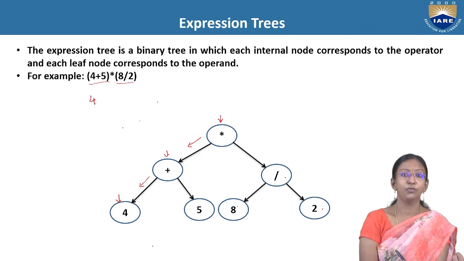Once 4 is read, as it is an infix expression, once left is done, I have to print the root. The root of 4 is addition. Once the root is done, I'm going to travel towards the right child of addition, which is 5.